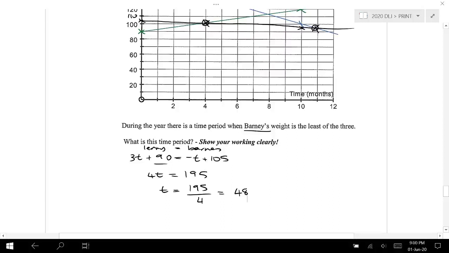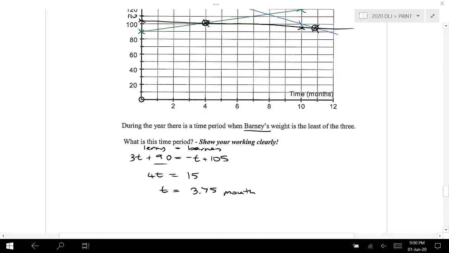I know what I've done wrong. It's taking away 90, so this will actually be 15. So 15 divided by 4 is 3.75 months.